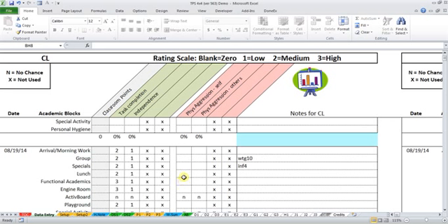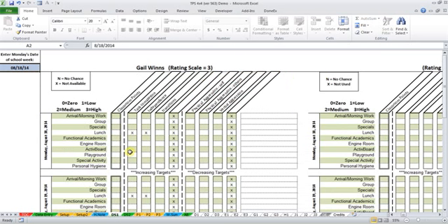And then you might be thinking, why am I asking you to write zeros if the behavior doesn't occur over here on the printed data sheet? The reason is because if you leave it blank, then it's not clear whether you remembered to record data or the student didn't do it. By putting a 0 there, you're saying, I was here to record the data and the student didn't do it.